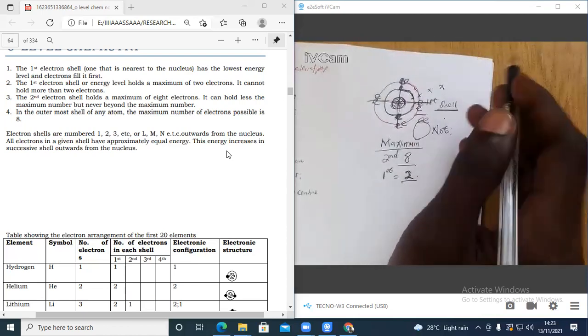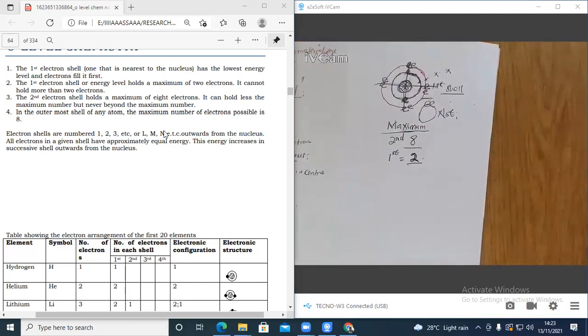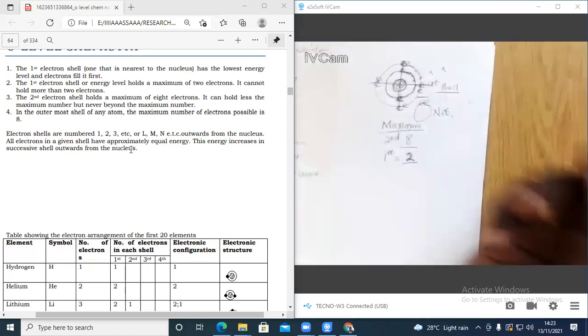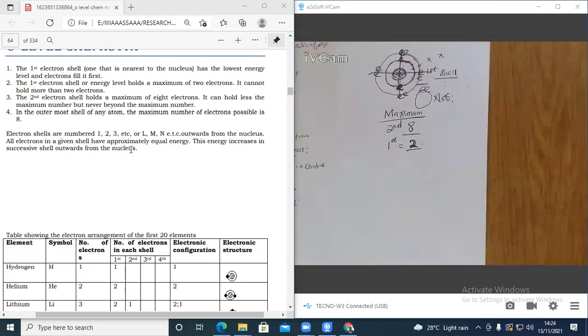Yes. Okay. The energy increases in successive shells outwards from the nucleus. So if the shell is far from the nucleus, electrons on that shell have more energy than those near here. So that's what they mean there.